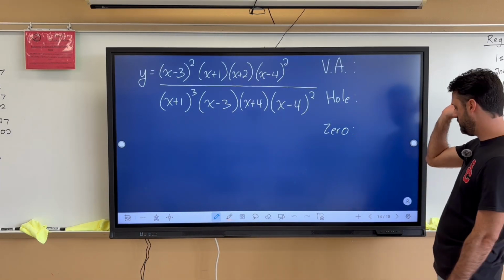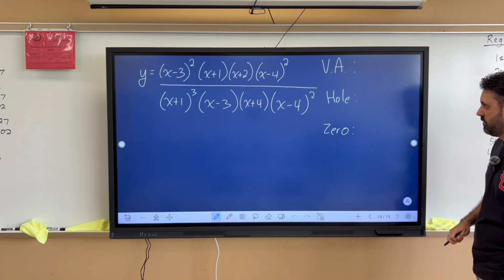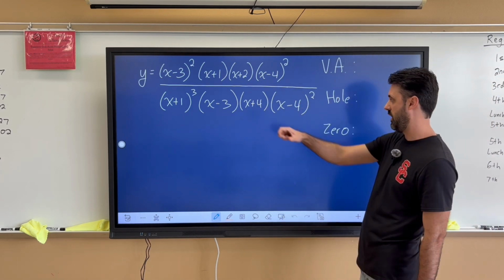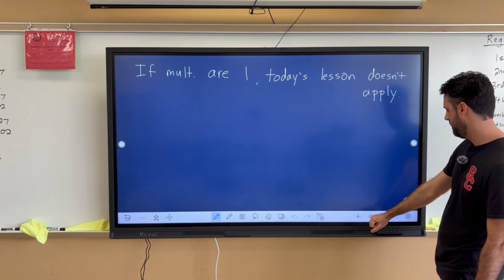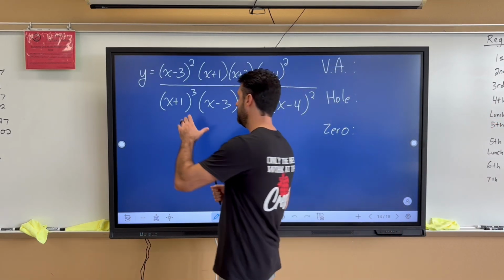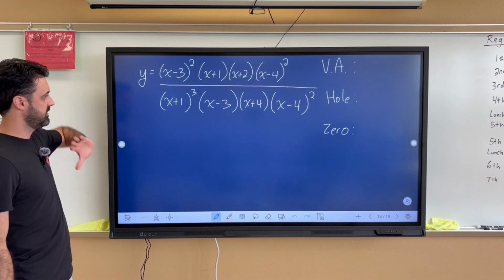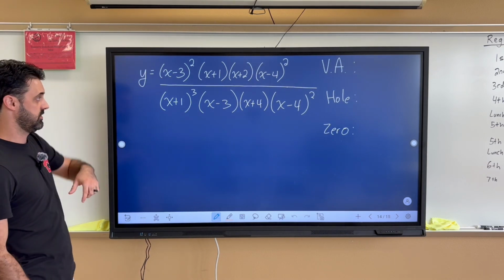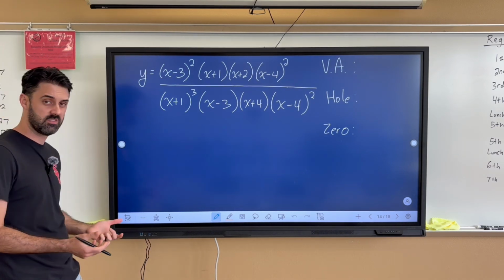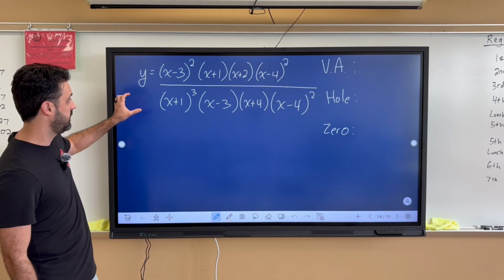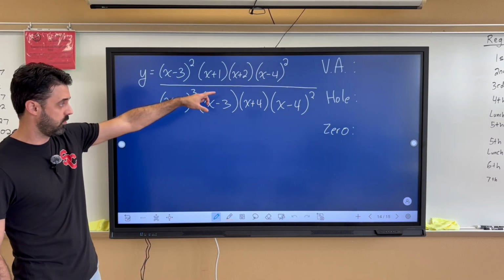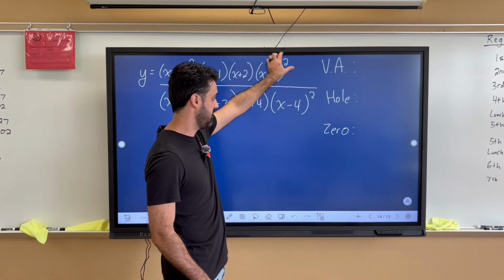So we're going to do mostly just one really large problem here, and then at the end just a little reminder. So let's talk through this. I'm going to go through and see if anything cancels first, and whether it completely cancels or partially cancels. The only thing that's going to completely cancel are those x minus 4s because they have the same multiplicity here.